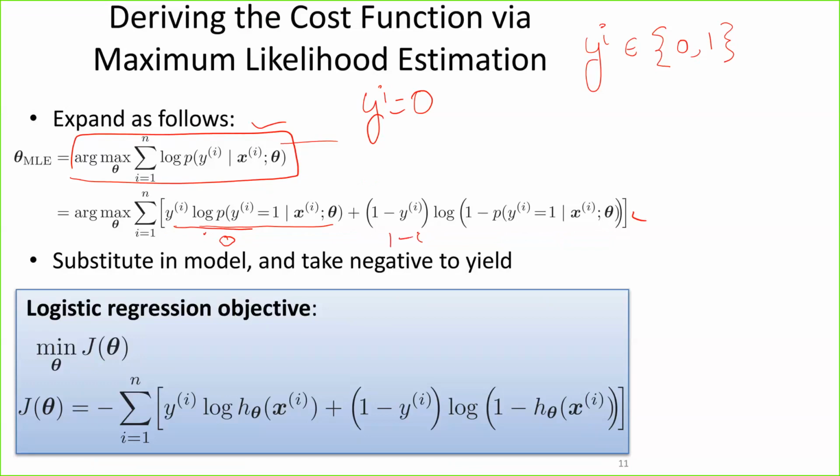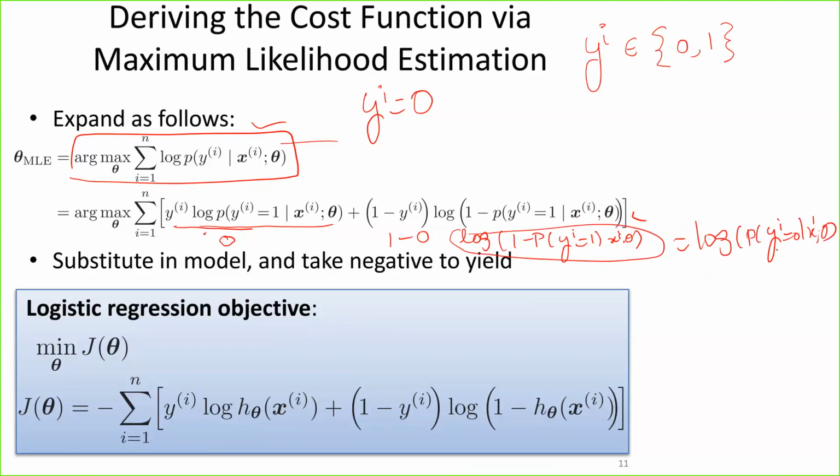So 1 minus 0 times log of 1 minus probability of yi equivalent to 1 given xi and theta. So I got this, which is equivalent to log of probability of yi equivalent to 0 given xi and theta, because 1 minus yi equivalent to 1 is yi equivalent to 0. Correct?